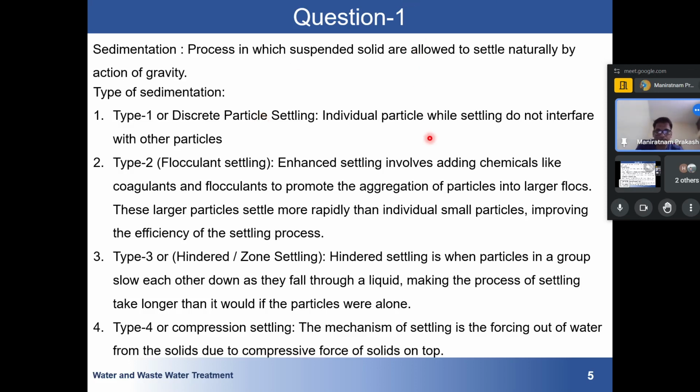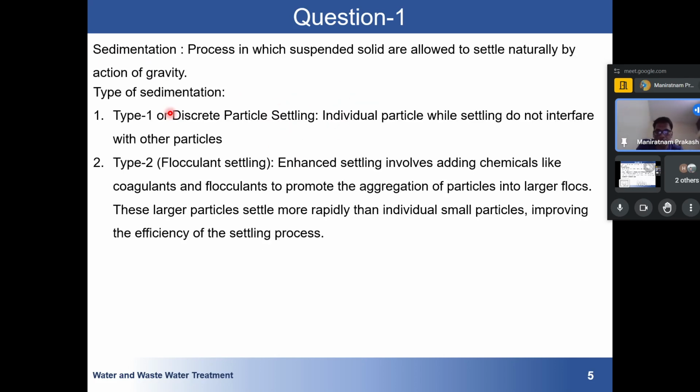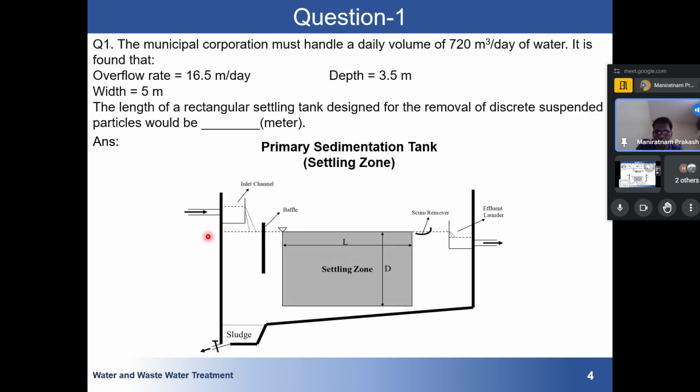As I have said, I will only discuss type one settling, that is discrete particle settling. Consider this a concept of settling. As you can see, water will be coming in here. It will also bring suspended solids, which will settle in this zone.